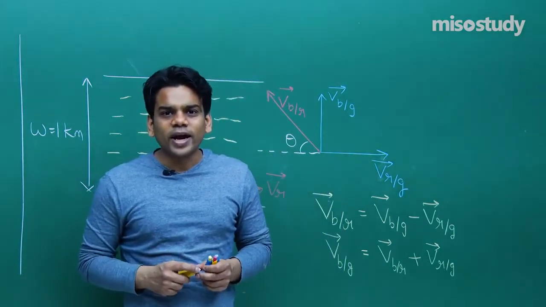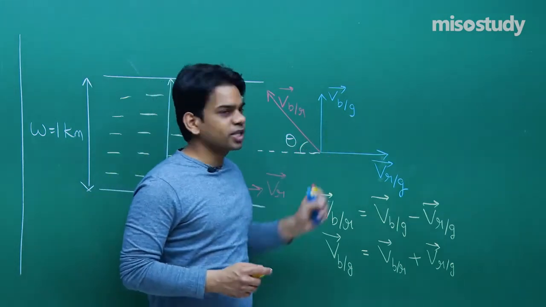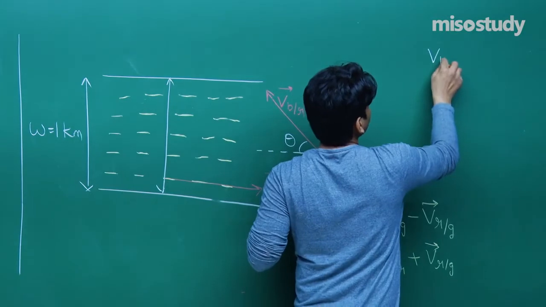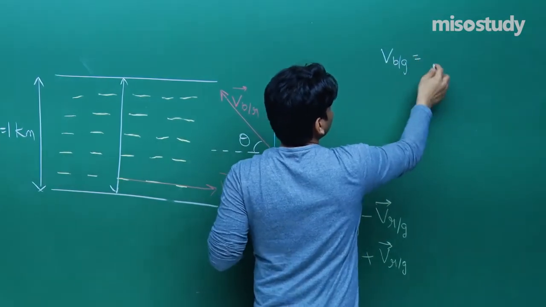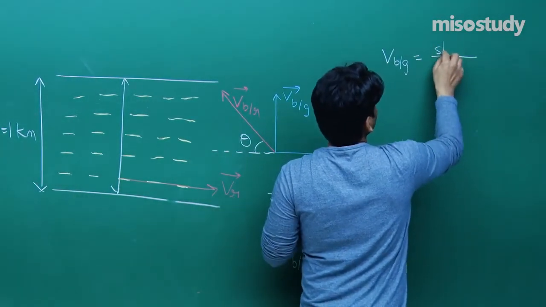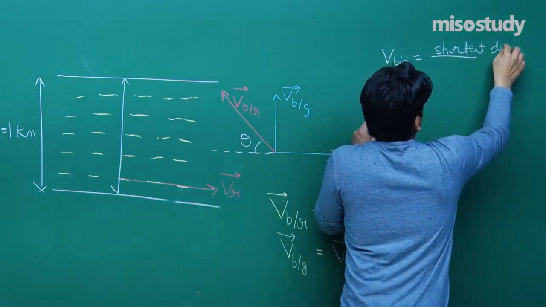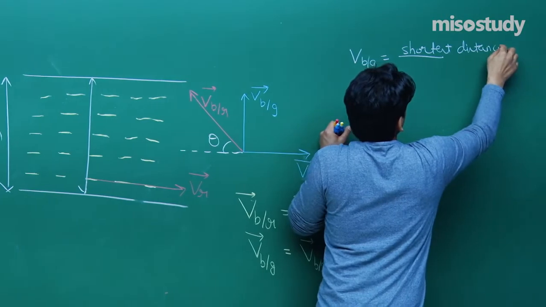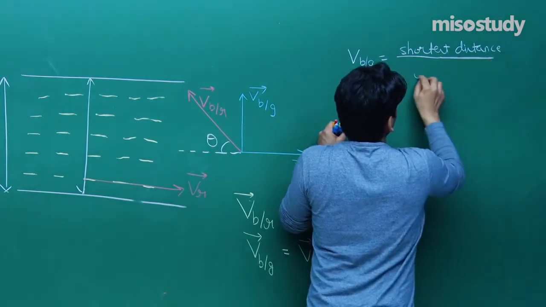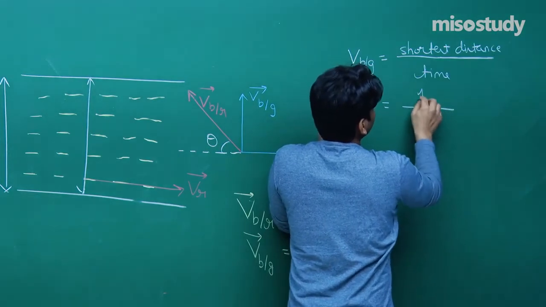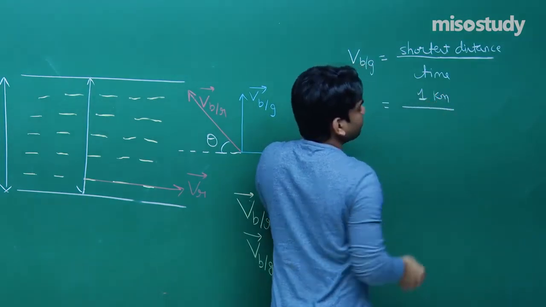Why not find out the velocity of boat with respect to ground? The velocity of boat with respect to ground will be simply shortest distance divided by time taken. Shortest distance is 1 kilometer. Time taken is 15 minutes.